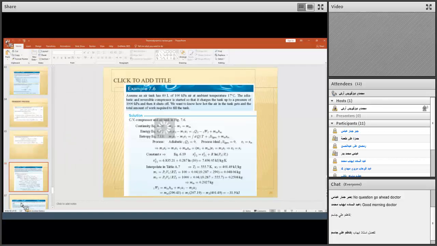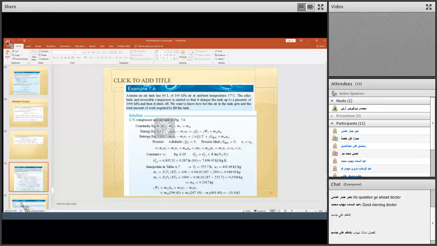We have a tank. In the first state, the volume of the tank is 40 liters. The initial state, state 1 of the system, is 100 kilopascal pressure and 17 centigrade temperature. We use a compressor and increase the pressure inside the air tank to 1000 kilopascal.